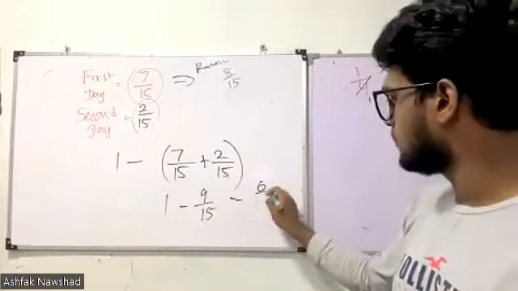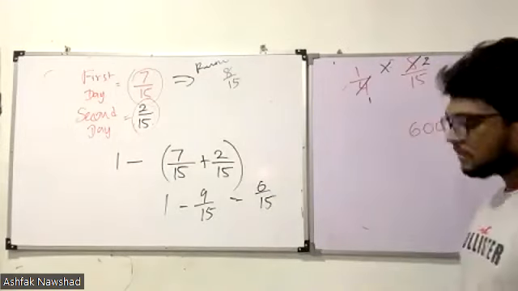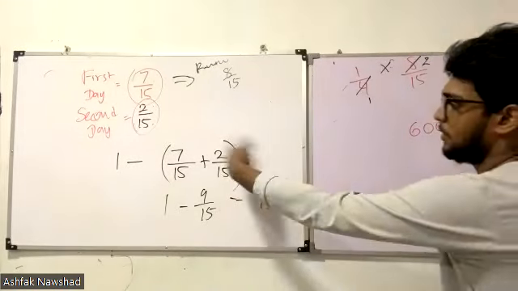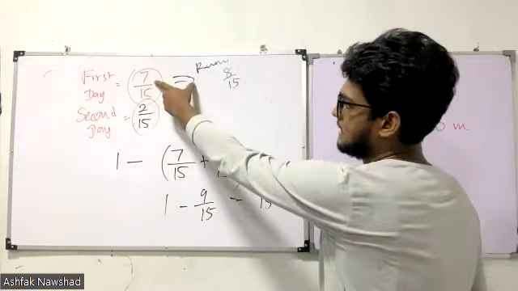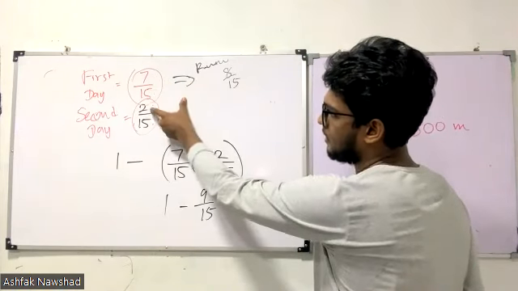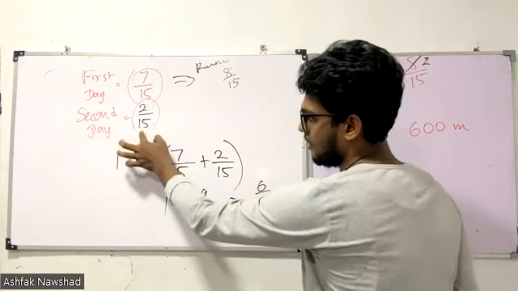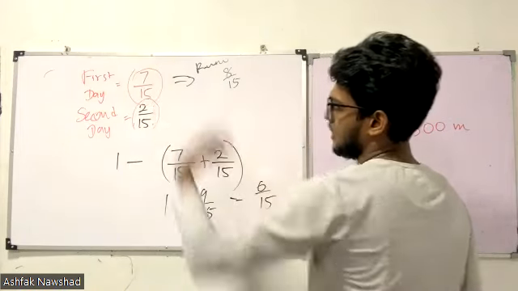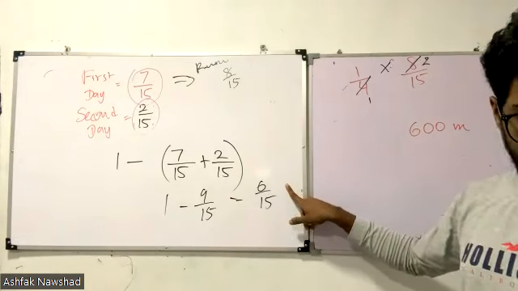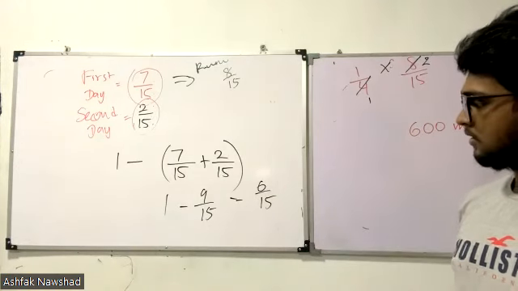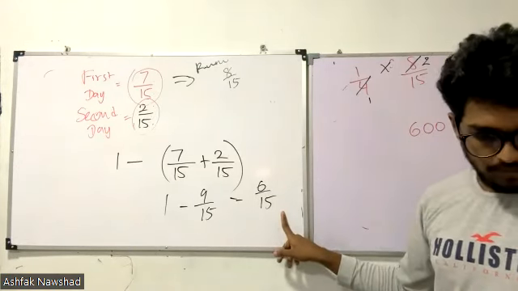Exactly. 6 out of 15. You don't even have to write this. See, 7 parts are done and 2 parts are done. Altogether 9 parts done. There are 15 parts in total. So if 9 is over, how much is remaining? 6 parts are remaining, right? Out of 15. Is this clear? The remaining fraction?